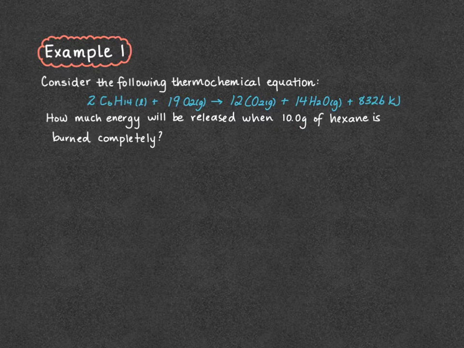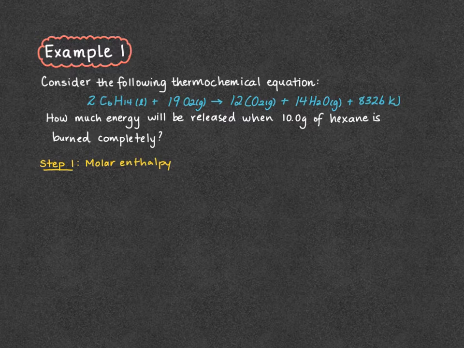So our first step is going to be to find the molar enthalpy of reaction. So we're going to start by looking at the reaction we have. So we see that we have 8,326 kilojoules in this reaction as written, and the reaction has 2 moles of hexane.